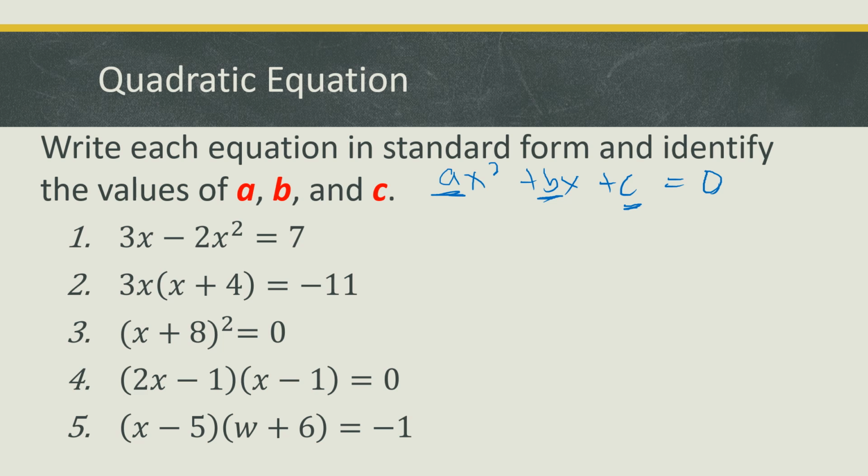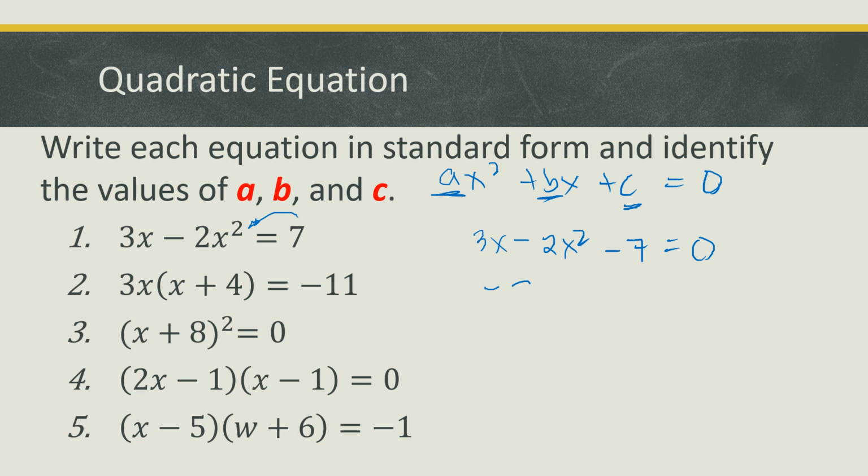So we have here 3x minus 2x squared is equal to 7 for example number 1. So the first thing that we need to do is to change it into the standard form of quadratic equation by transposing positive 7 to the other side. That will give us 3x minus 2x squared minus 7 is equal to 0. And then arrange it from the a, b, c, or from the highest exponent up to the constant term.